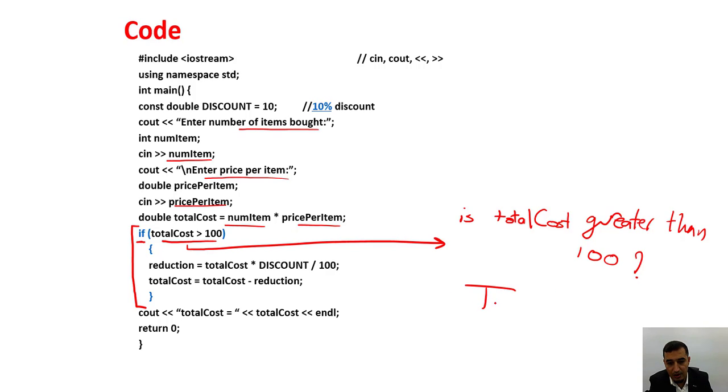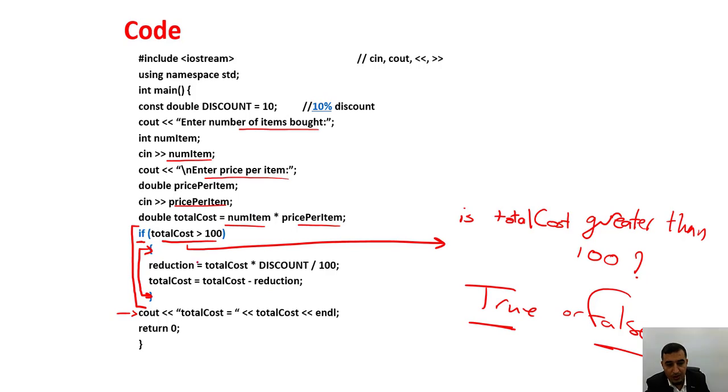The answer is either true or false. Now, this is an expression, and if this expression evaluates as true, we are going to execute whatever is between these two brackets. If it evaluates as false, then we are going to exit to this instruction immediately.